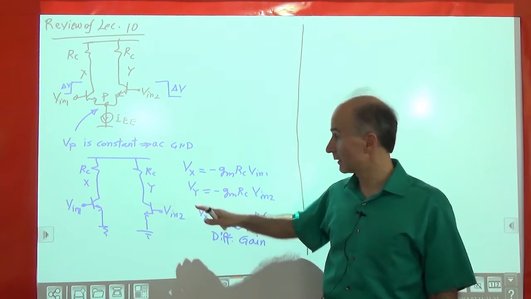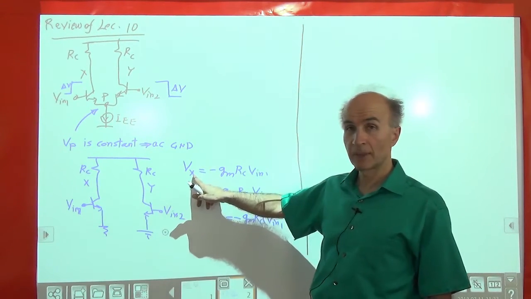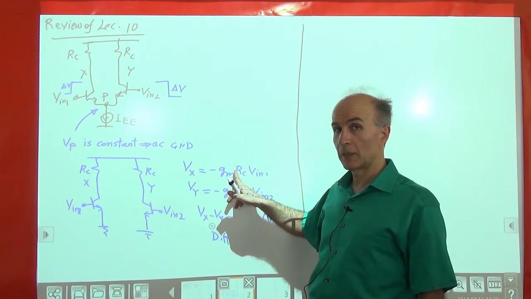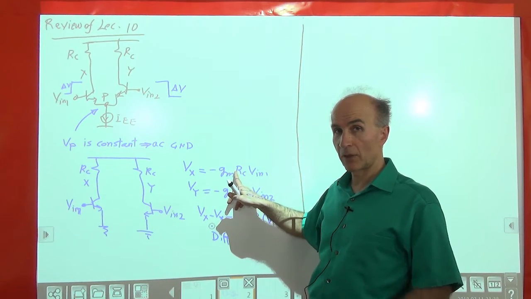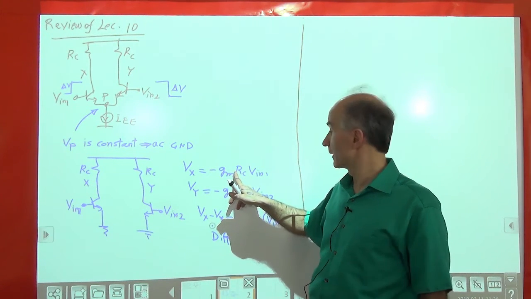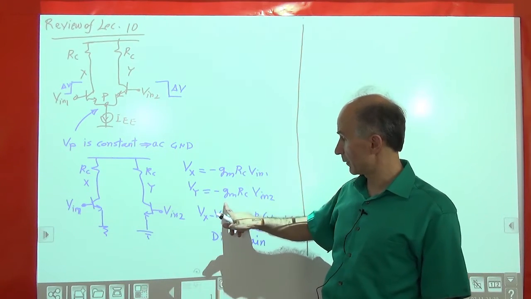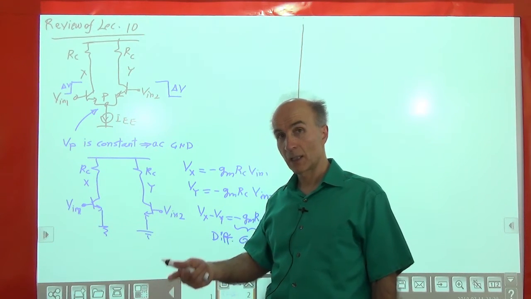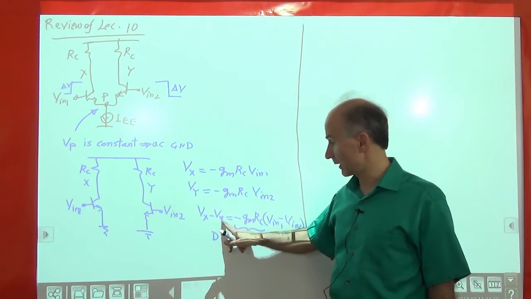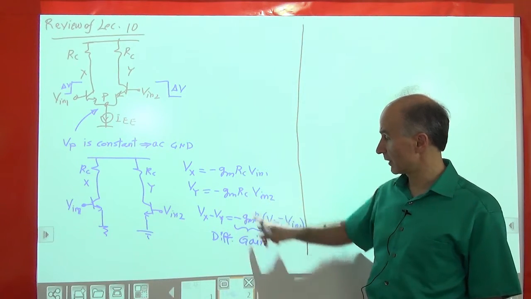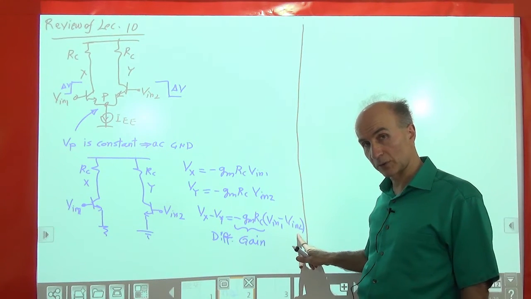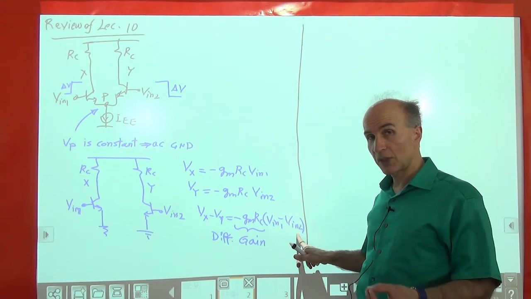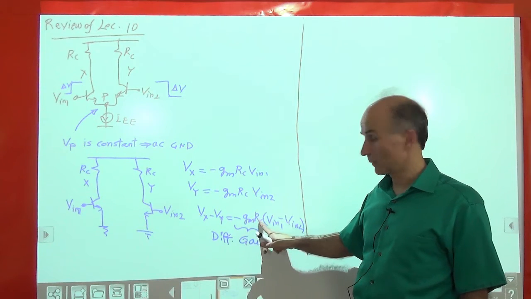So we saw that for the circuit on the left, we have Vx is equal to the voltage gain of the circuit, which we know from Electronics 1 to be minus gmRC if the Early effect is neglected, times the input voltage. And same with Vy. So if I'm interested in the differential output voltage change, that would be Vx minus Vy, that's just given by minus gmRC times the differential input voltage change. So from a small signal perspective, the voltage gain of the circuit is given by minus gmRC.